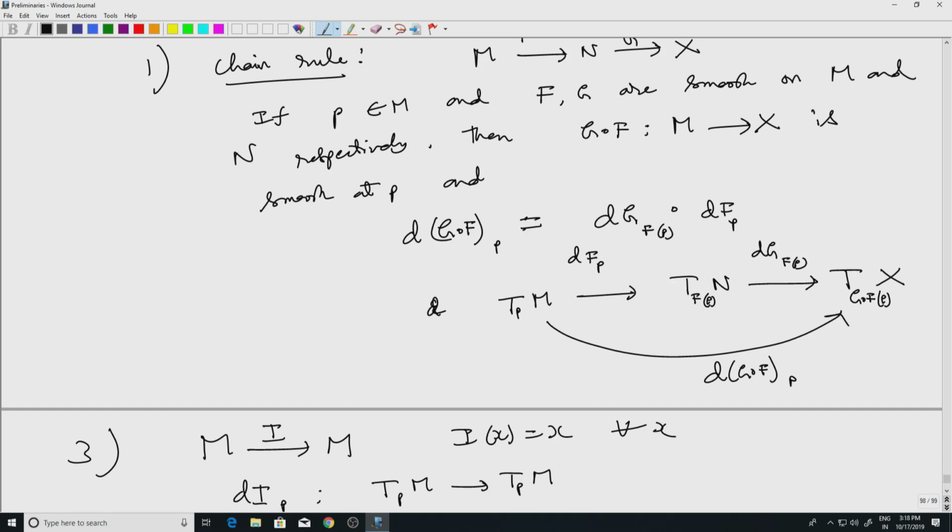So associating a smooth map with its derivative has these two functorial properties, namely that the derivative of a composition behaves in the right way and the derivative of the identity is the identity.